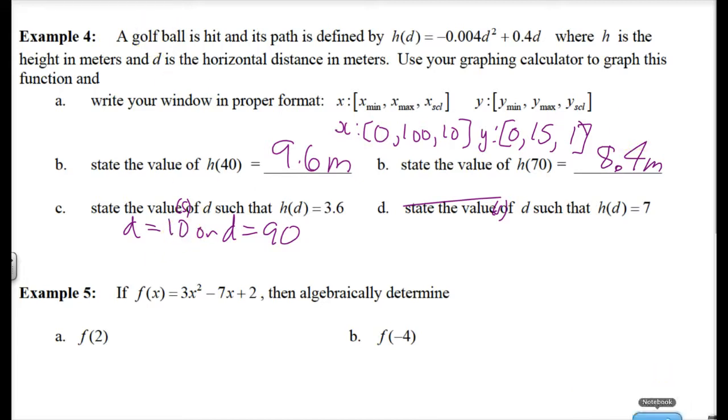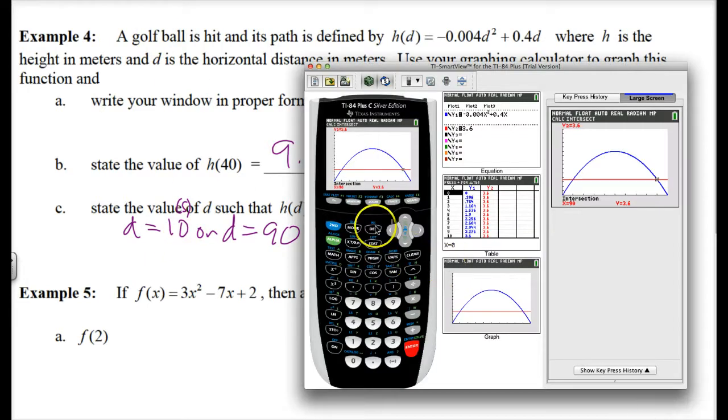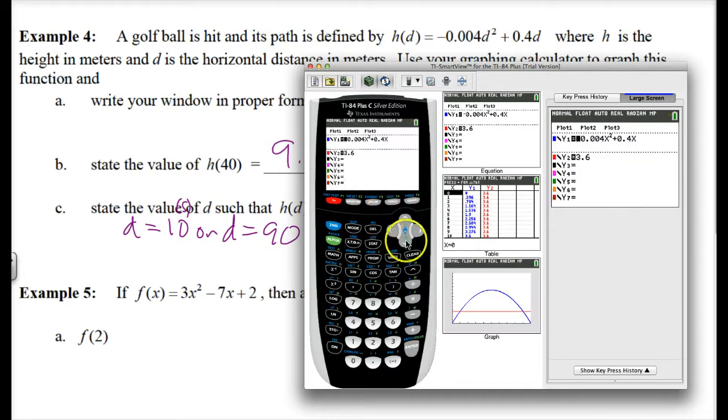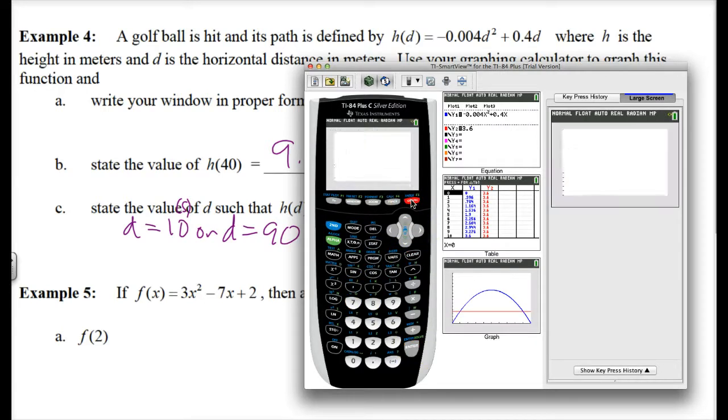Hang on, I'm going to get my calculator back. Okay, so we're going to y equals, going down to y2. We'll clear that, replace it with a 7. Graph. Second, gotta wait for it to finish graphing.